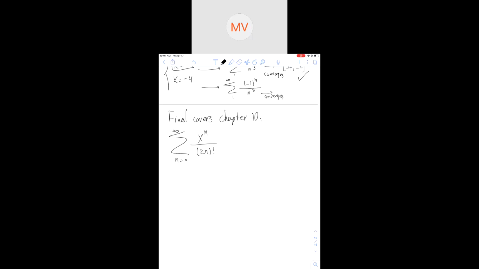Right? Is it the one? Opening that quiz. Quiz 11. Yes, that's the one. Okay. And it's asking for interval of convergence.